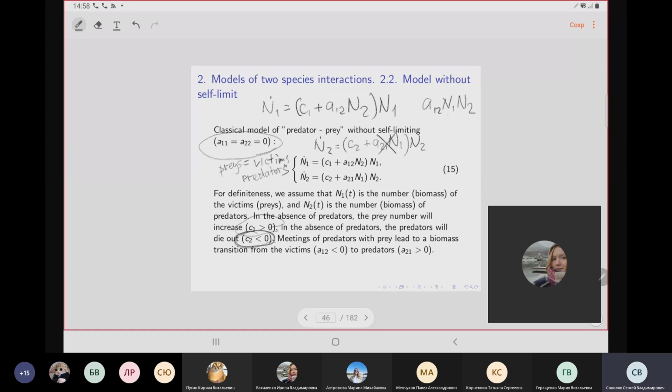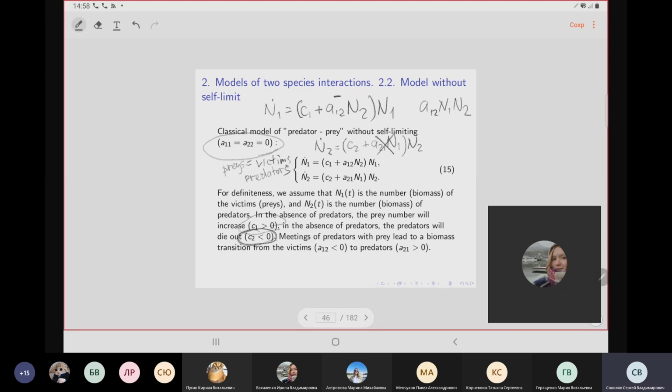The product of N1 and N2 means the probability that a wolf meets a rabbit. And what will happen when a wolf meets a rabbit? What is happening with the biomass? The biomass will transit from victims to predators. So if the first are victims, then the sign of A12 must be negative and the sign of A21 must be positive.